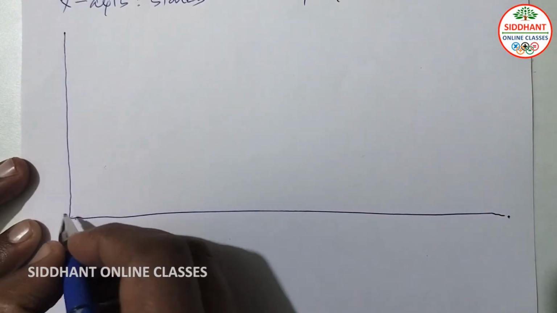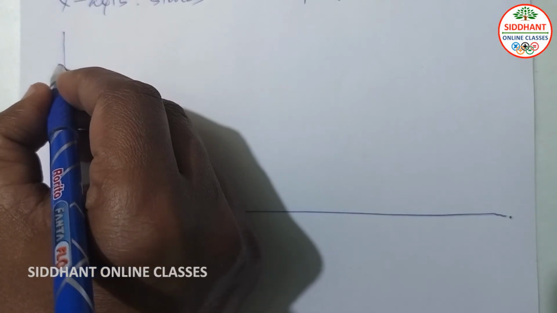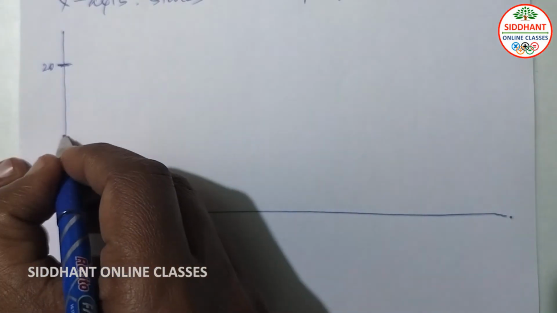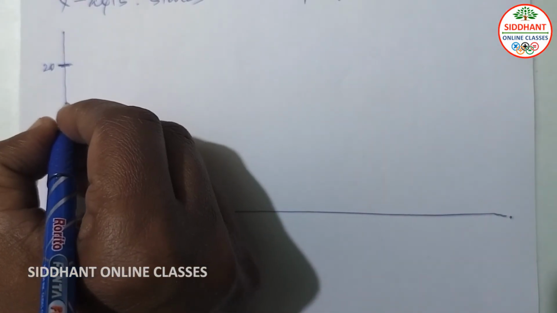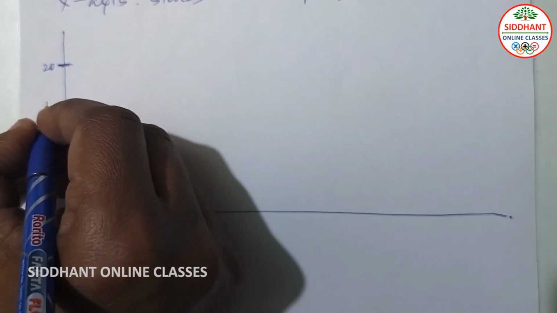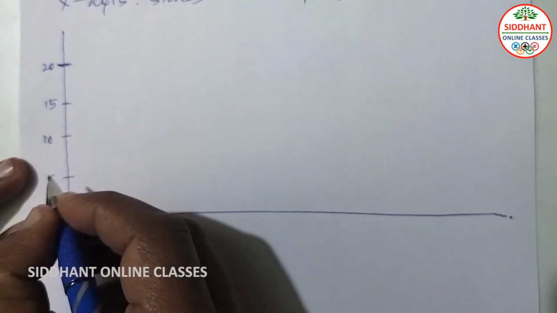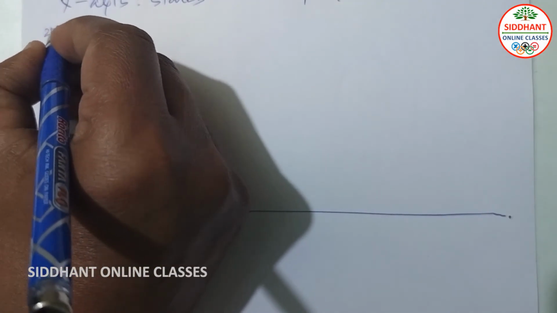So here we are going to take this as 20, here 10, here 15, here 5, and the top we are going to take 20.